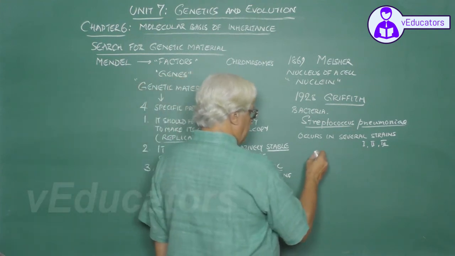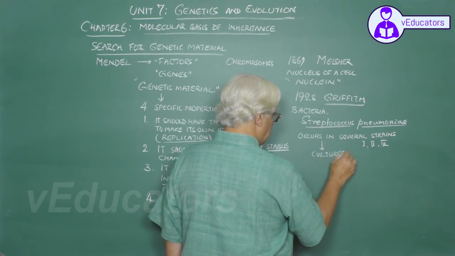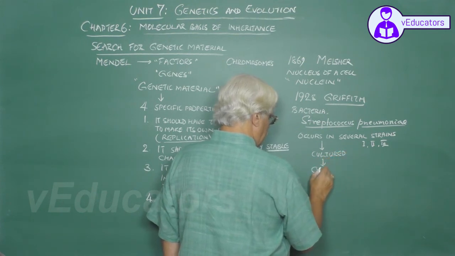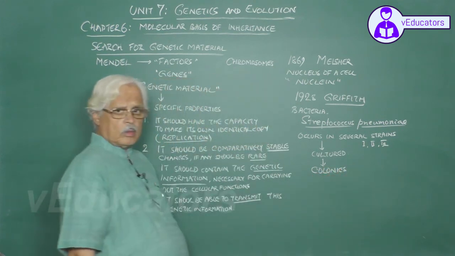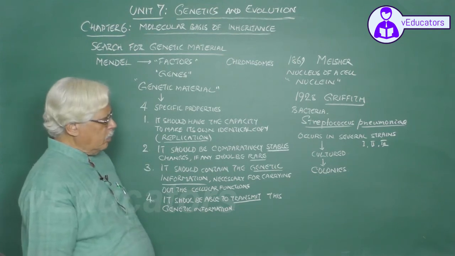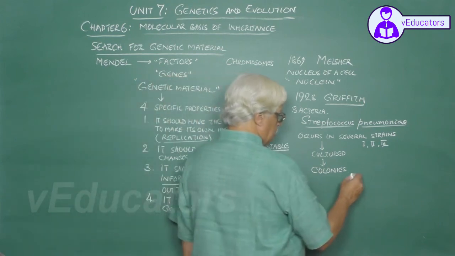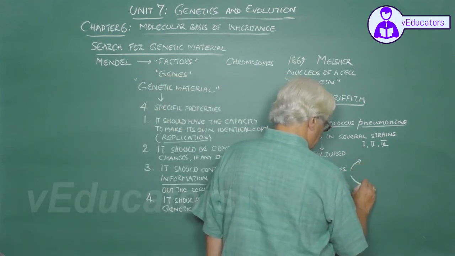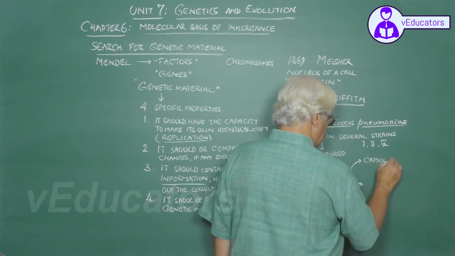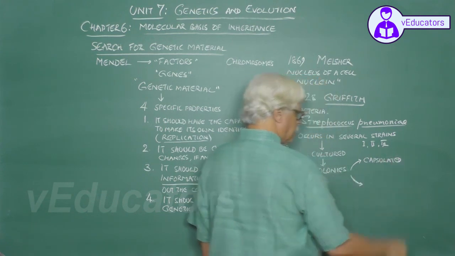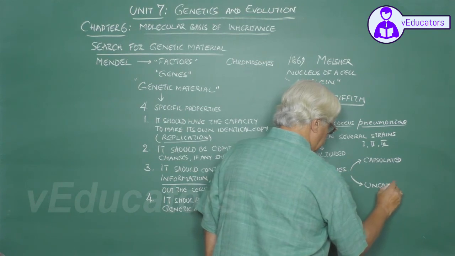When these bacteria are cultured, the resulting colonies contain bacteria that can be of two types, some capsulated and some uncapsulated.